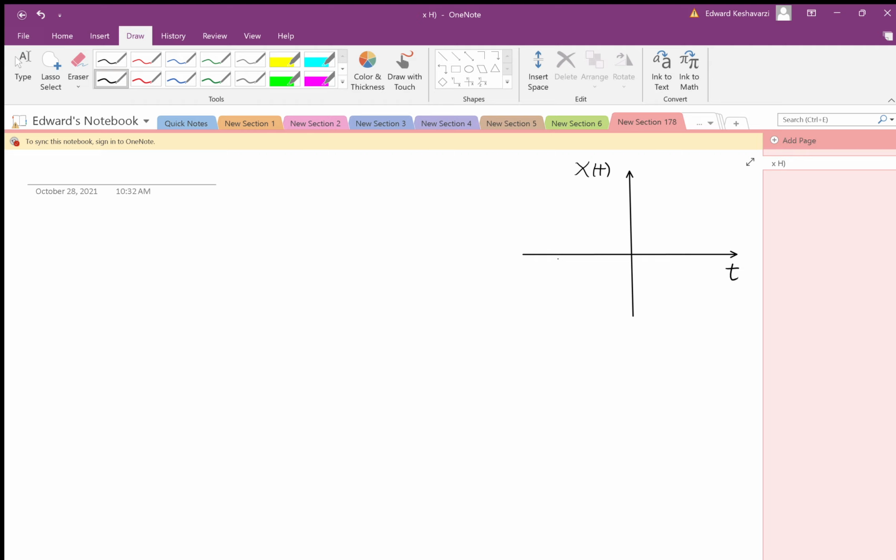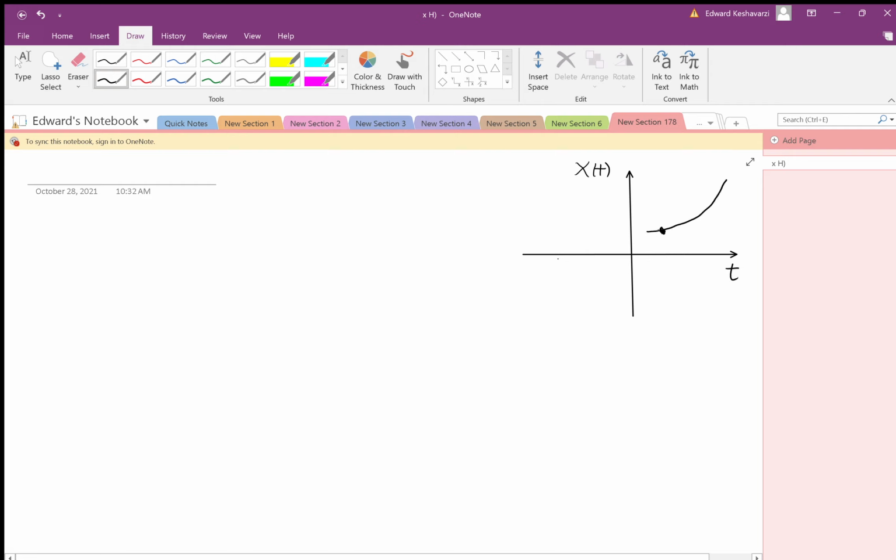Today's lesson is about motions. Suppose that a particle moves along a straight line, and we are going to sketch the graph of time versus the position. Time is t on the horizontal axis, and position is on the vertical axis.